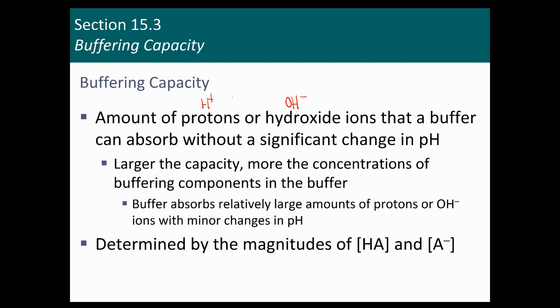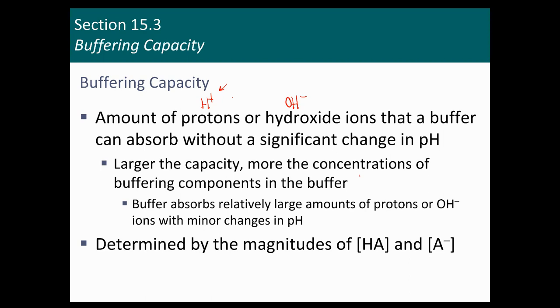Now, one of the ideas we've seen with our calculations in the other sections is if strong acid is added, so if H plus is added, the pH will go down a little bit. And if hydroxide's added, the pH will go up, but it's by a small amount. And that's what this buffering capacity is exploring. One of the important parts is the more concentrated the buffer components are, the better the buffering capacities.